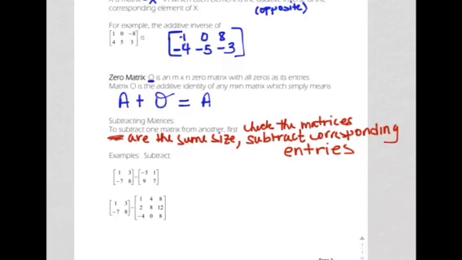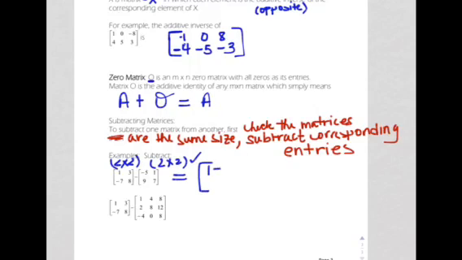So, some examples. The first matrix is a 2 by 2, and the second matrix is also a 2 by 2, which means you can subtract them.